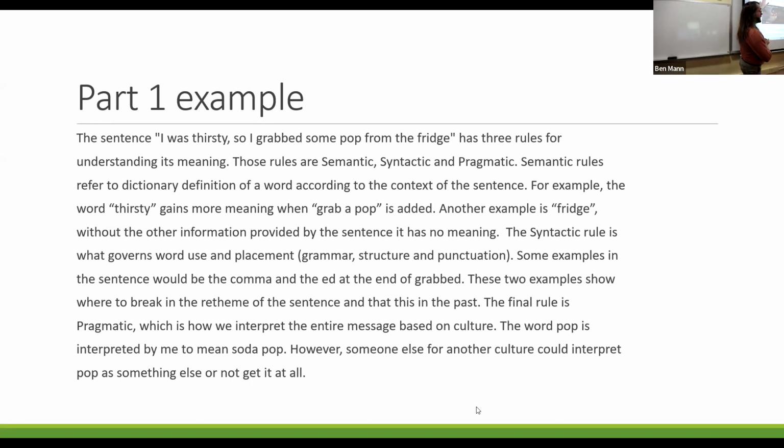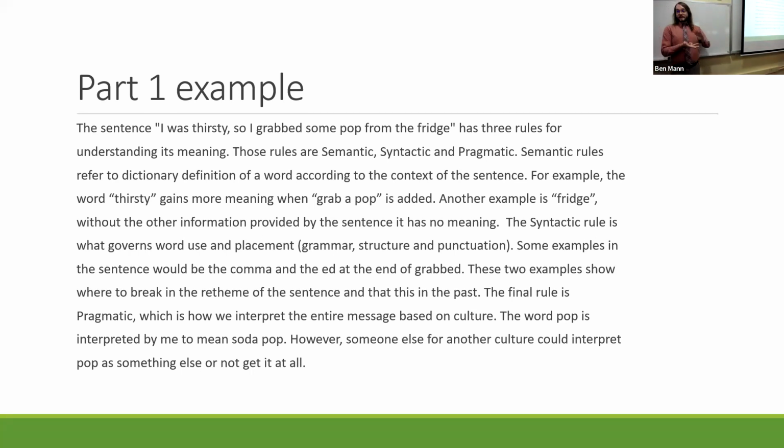So this first part of the question was asking you to identify these different rules that help you to understand the sentence. An example of using semantic, syntactic, and pragmatic. Semantic is the dictionary definition, so the word thirsty, and using that word to mean that you need a drink, you're parched, would be the use of semantic. The use of syntactic is grammar structure and punctuation, like using the comma in that sentence.